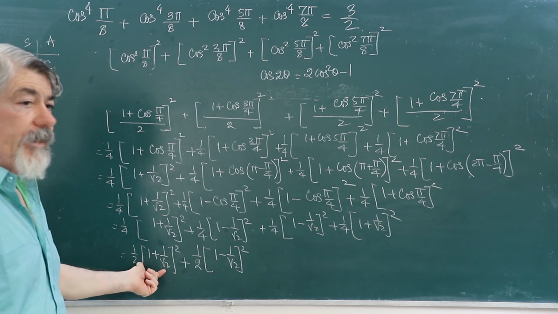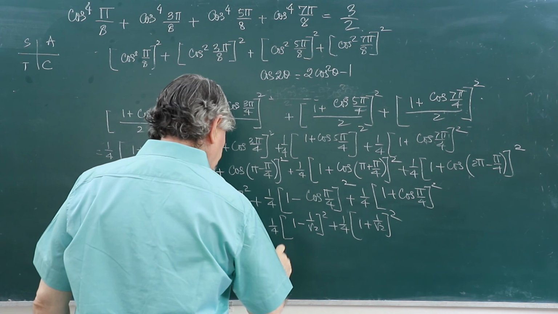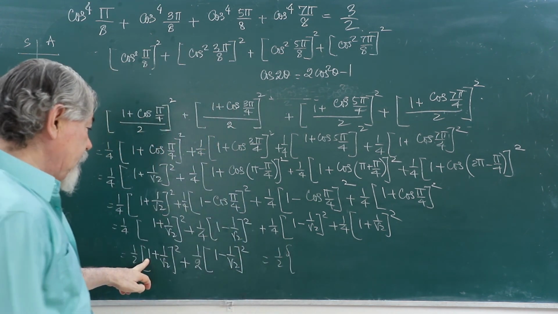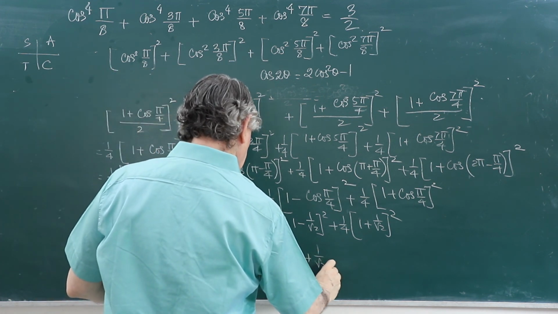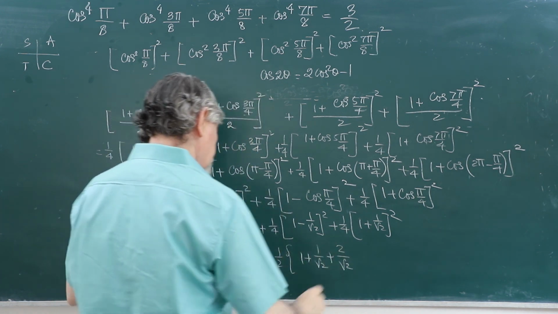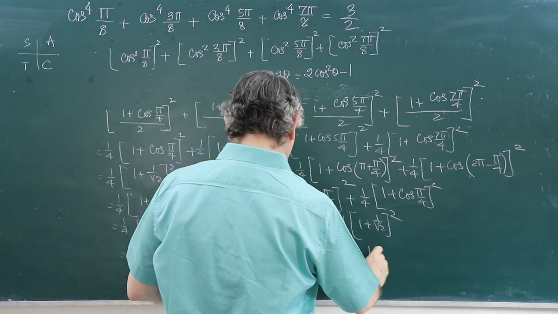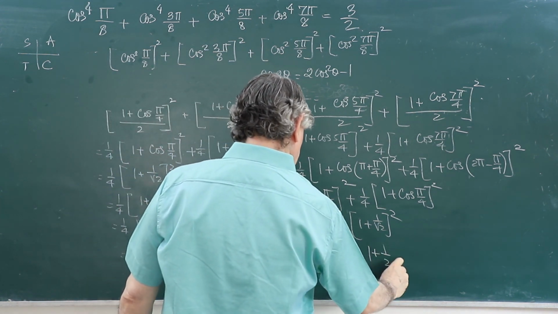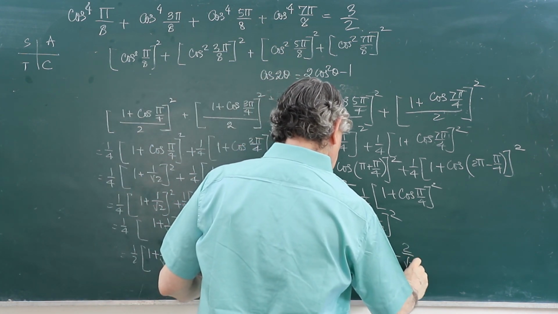Let us open up (a + b)² and (a − b)². 1/2 is common. You can take 1/2 common outside. Open this: a² plus b², that is 1 plus 1/2, plus 2ab, 2/√2, plus a² plus b², again 1 plus 1/2, minus 2/√2.